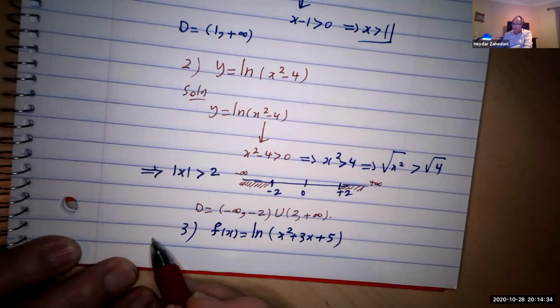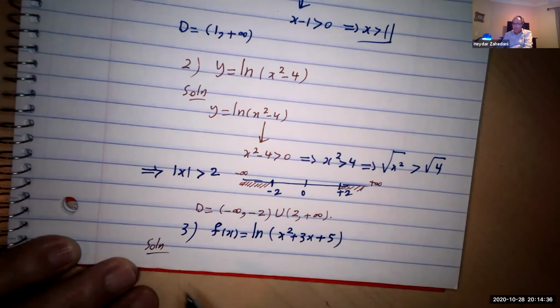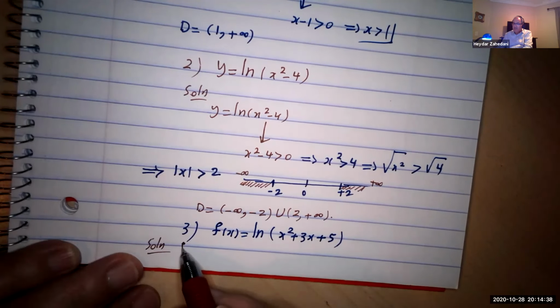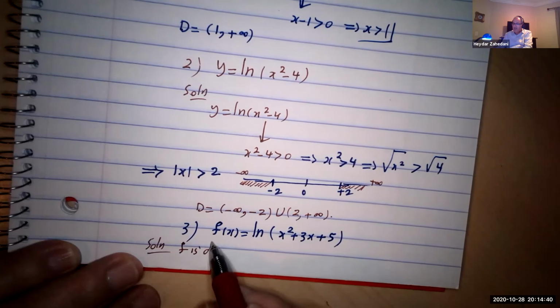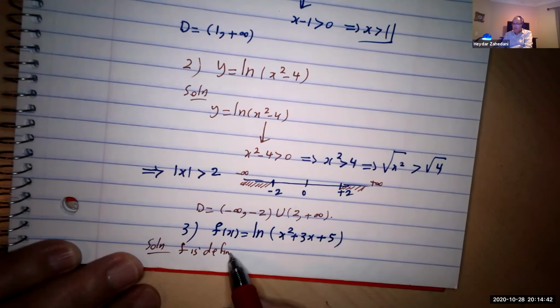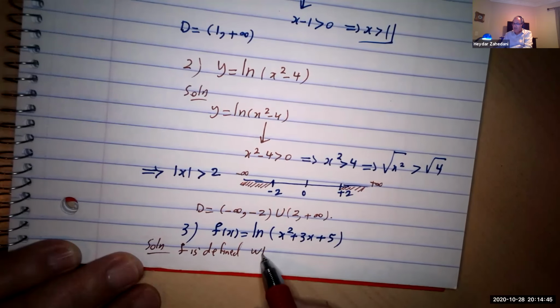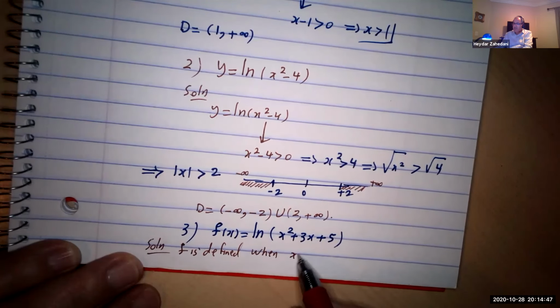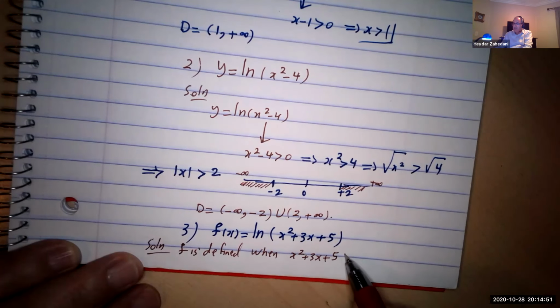So this is it. Solution would be, again, we said that f is defined when x squared plus 3x plus 5 is positive.